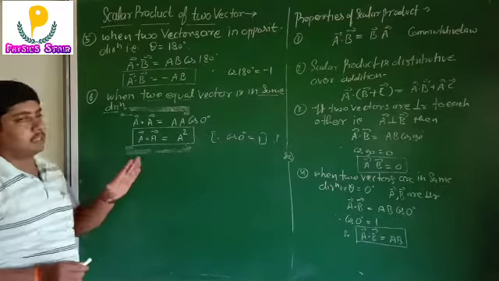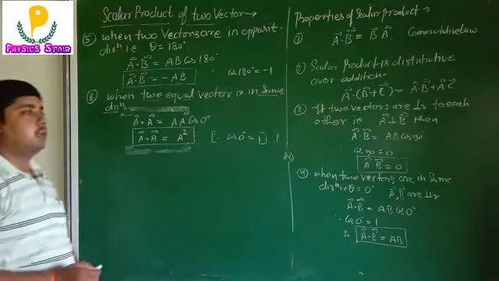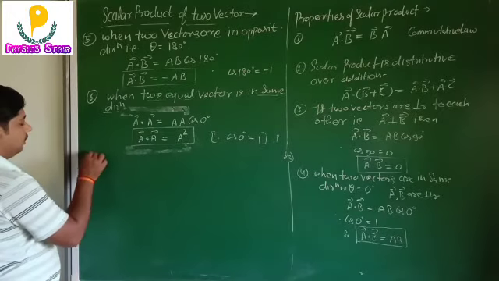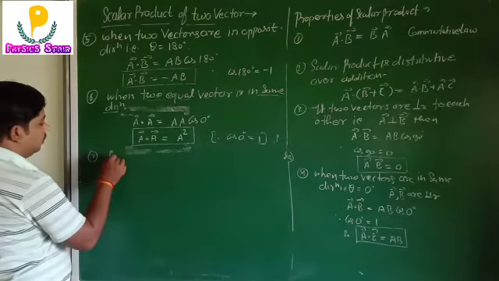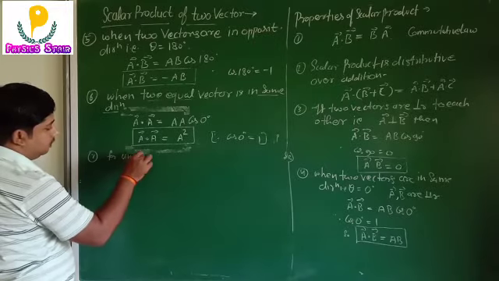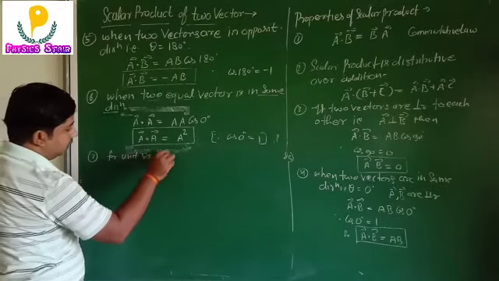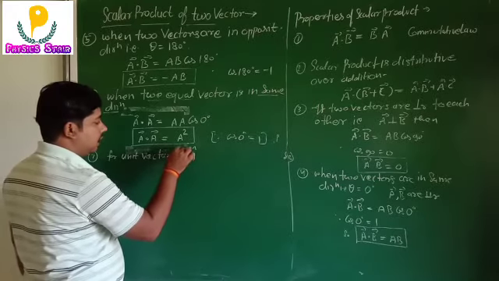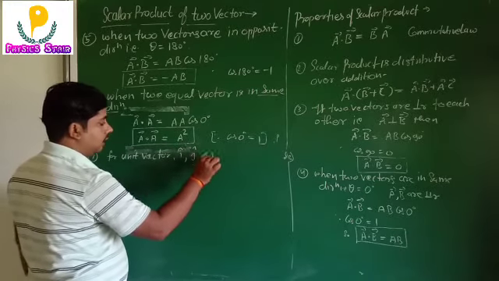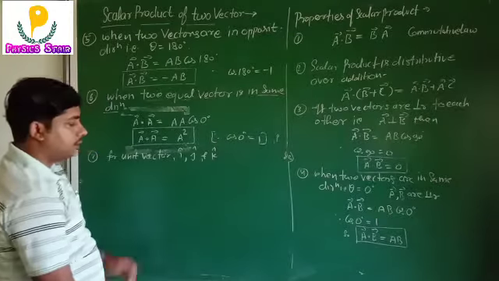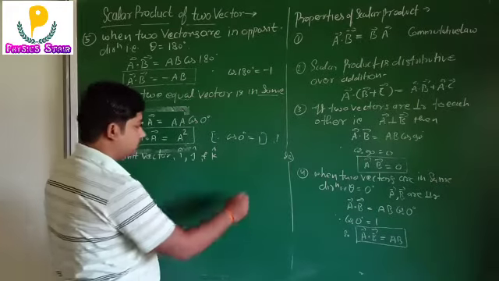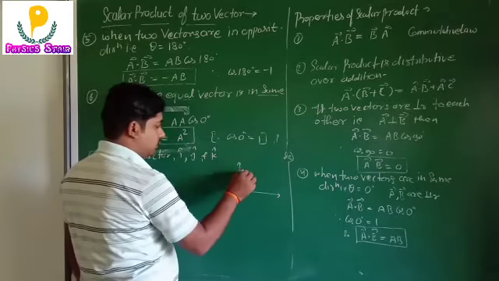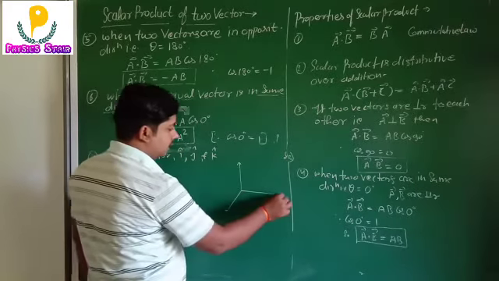So by considering this property, let us consider the product of the unit vectors I, J and K. Here, this is the x axis, this is the y axis and this is the z axis.